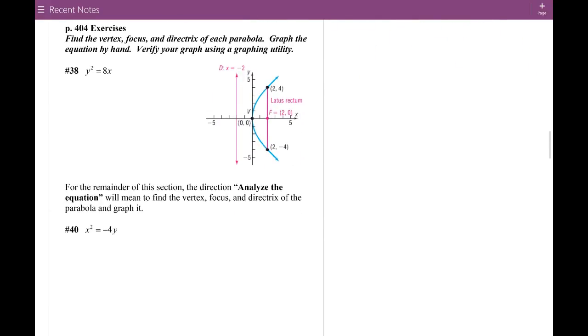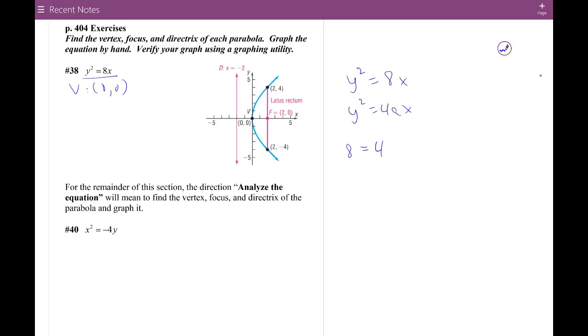Okay, so we're going to look at some exercises, and this first one, I provided a picture so you could see it while we're working on it. So the vertex is 0, 0 with these first few problems, so that's easy. Y squared equals 8x. So this is in the form y squared equals 4ax.